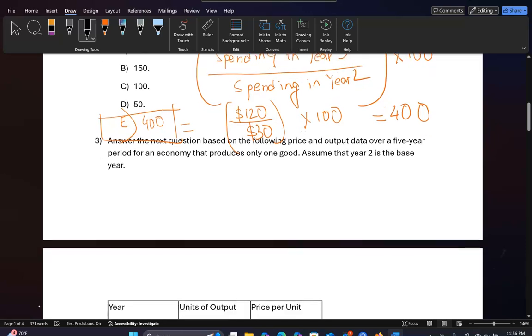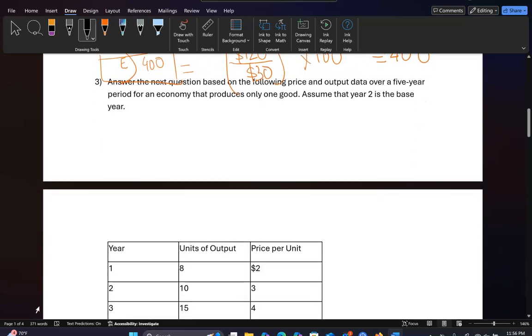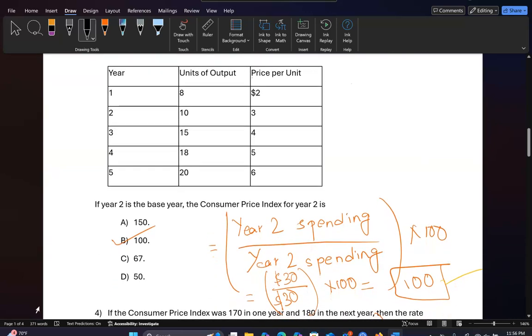Okay, question 3. Year 2 is the base year, and we have to find out the CPI for year 2. As the current year is also year 2 and the base year is also year 2, it is 30 over 30 times 100.